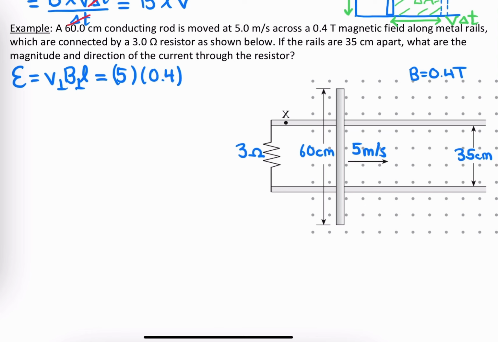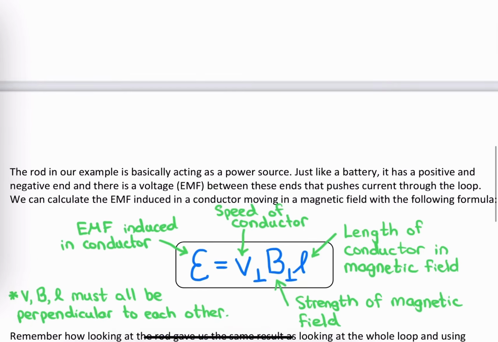But notice here there are a couple of things you might think to write for L. There's this distance here between the rails, and there's this distance here from one end of the rod to the other. One is 35 and one is 60 centimeters. So in figuring out which one we should use, let's go back and look at what L actually meant.